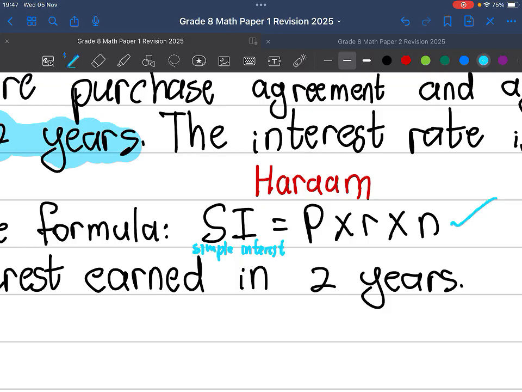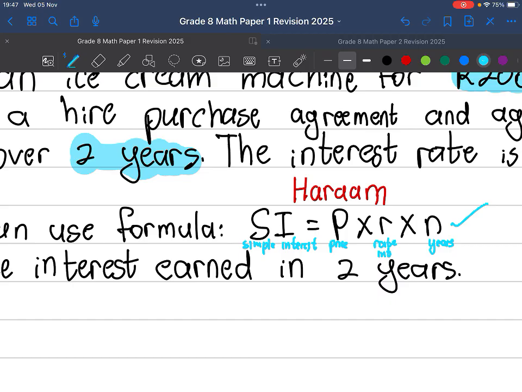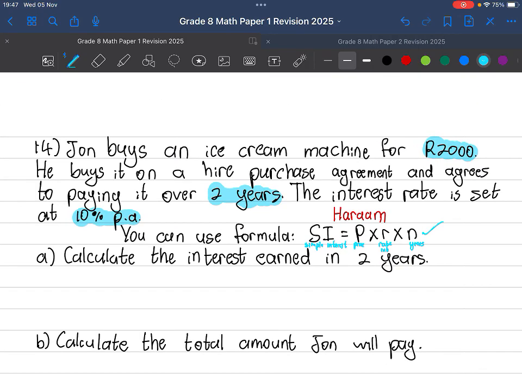You can make a note of that. P is going to be the price of the item. R is going to be the interest rate. And N is going to be the number of years. So simple interest is equal to the price times the interest rate times the number of years.